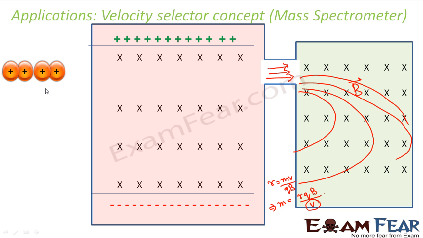Now after ionization, it is not necessary that all the charged particles will move with the same velocity. So they use a velocity selector. In the velocity selector, they apply a known electric field and a known magnetic field perpendicular to each other. When the charged particles enter this field, only those particles whose velocity is equal to Es by Bs will come through. So I know this velocity v.